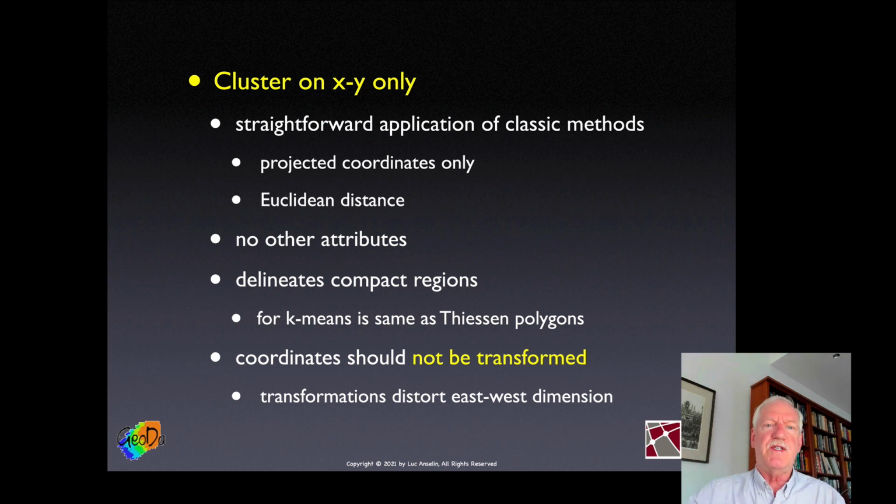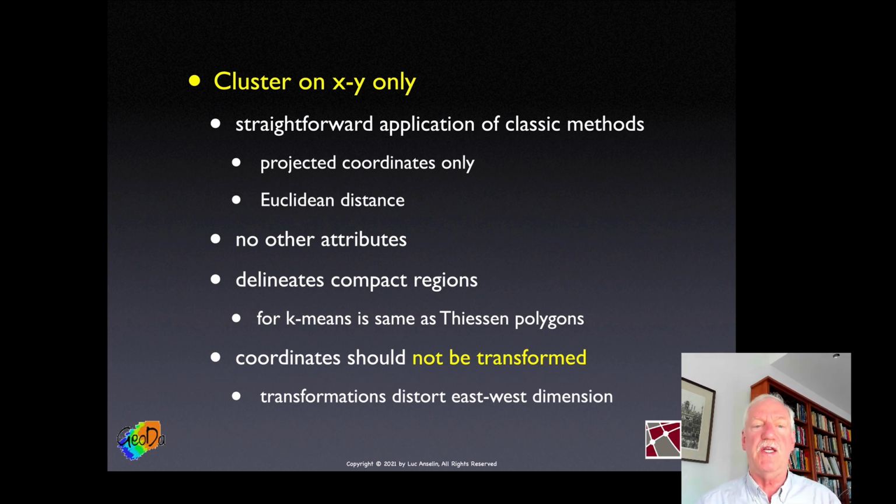So one standard deviational unit in one dimension will be a much larger distance than one standard deviational unit in the smaller dimension. So in other words, by standardizing, we make the X and Y distances not comparable anymore, and they really should get the same weight. So it's better not to transform the coordinates, and the result is compact regions.